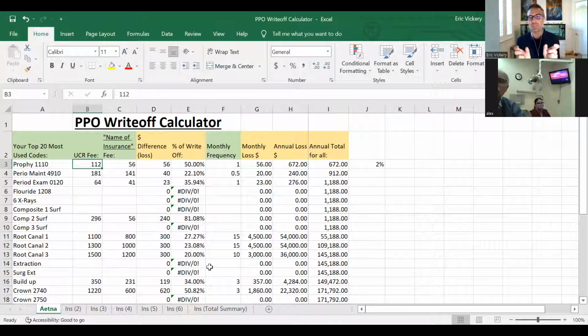And usually at the bottom is the difference, the maximum. In-network maximum 2,000, out-of-network maximum 1,500. Deductible, in-network $25, out-of-network $50. Does that make sense? Right.